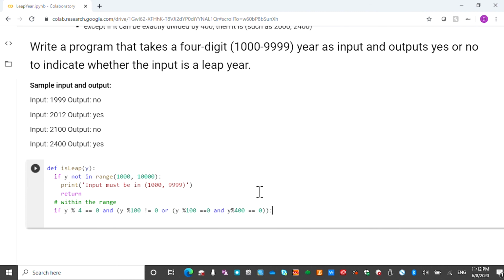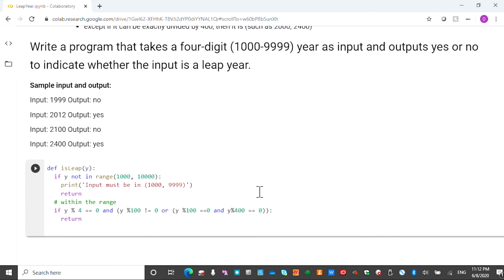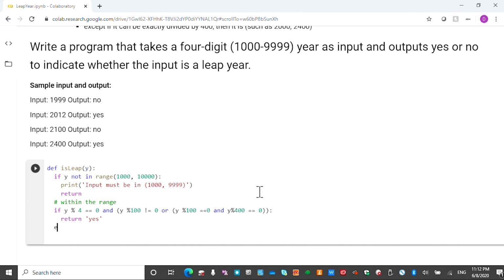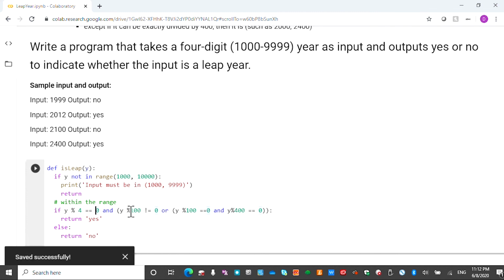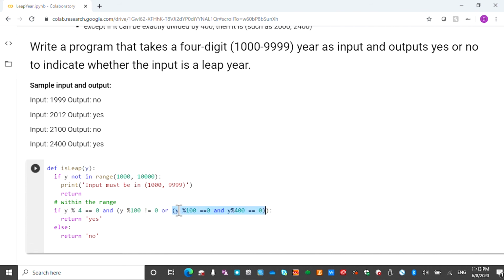If that's the case, then we return yes. Otherwise, we return no. Here I use a parenthesis with the or for the two branches. So this is the first branch and this is the second branch for the year to be a leap year.